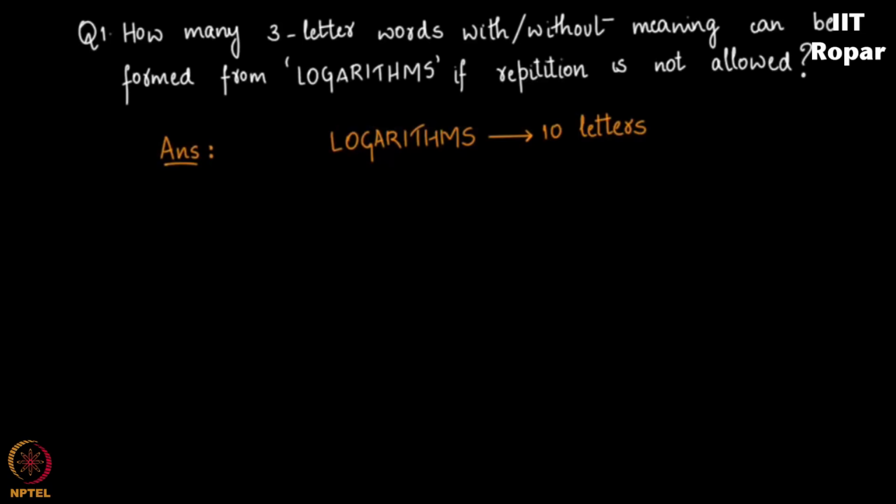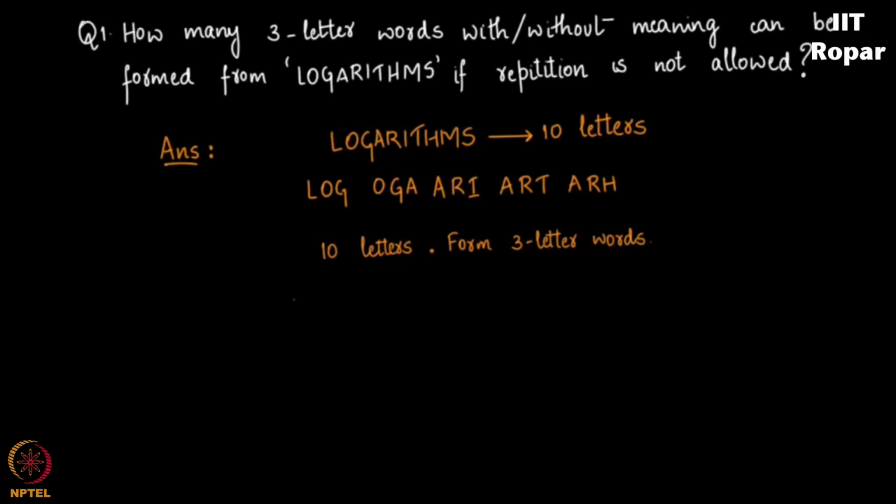So let me enumerate some of the three-letter words. L-O-G, O-G-A, A-R-I, A-R-T, A-R-H, and so on. So in how many ways can we do this? We have 10 letters and we have to form three-letter words. So it is the problem of picking 3 letters out of 10 letters.